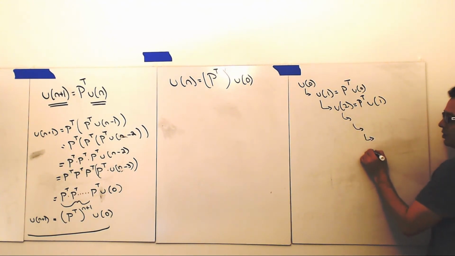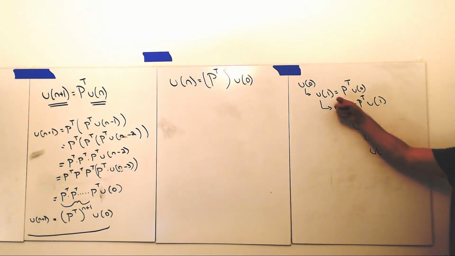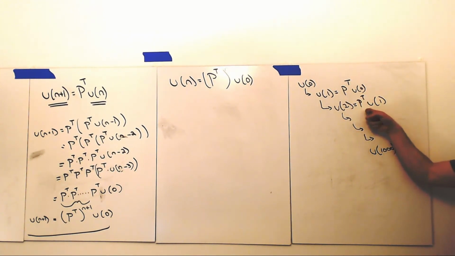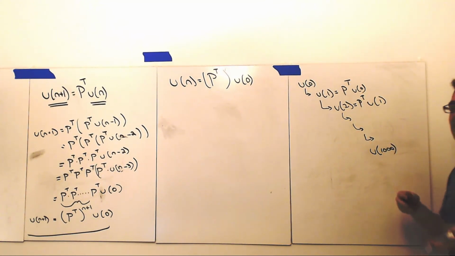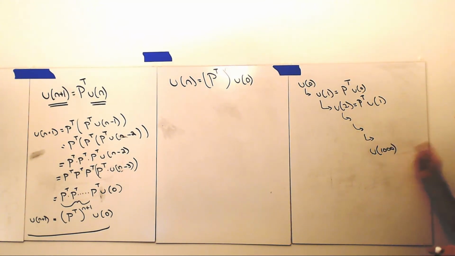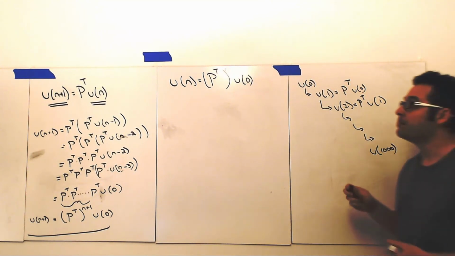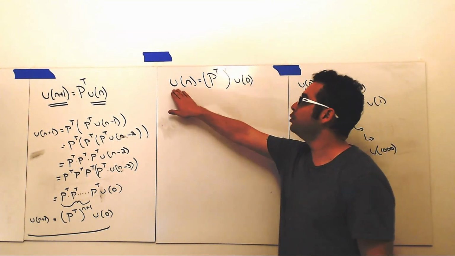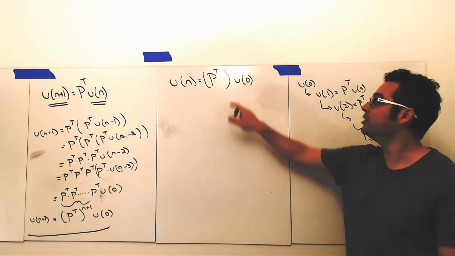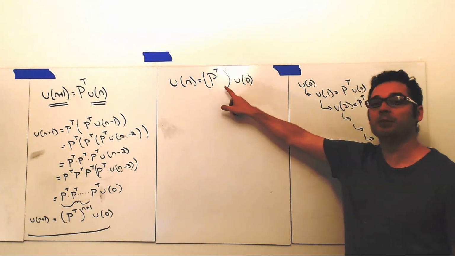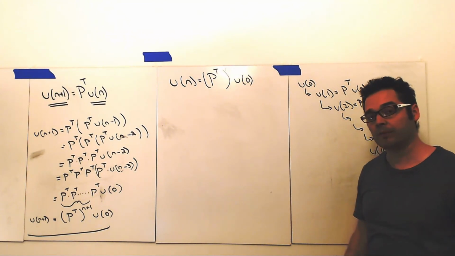If I asked you what is u of 1,000, before you'd have to keep multiplying p times a vector and then take that vector and multiply it times p, and then take the result of that and multiply it times p. You'd have to do that 1,000 times. But now, what I'm telling you is, if you want to figure out what u of n is, let's say at time step 1,000, all you have to do is take p transpose to the nth power.